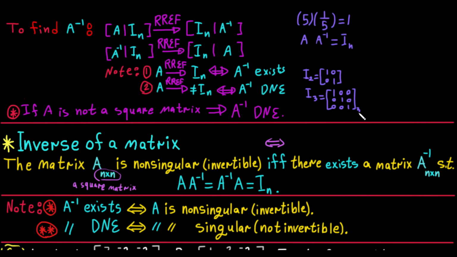So this is a 3 by 3 matrix, and here you have a 2 by 2 matrix. The definition of the identity matrix of size n is the n by n matrix with ones on the main diagonal, 0 elsewhere. And if I put n here, it means this A is n by n, and the inverse is n by n, which is a square matrix.